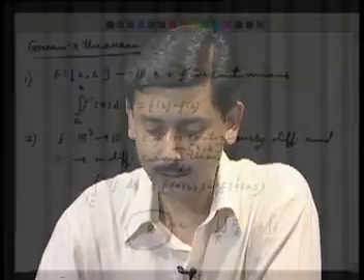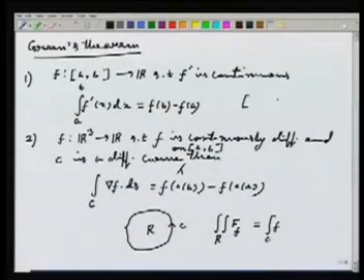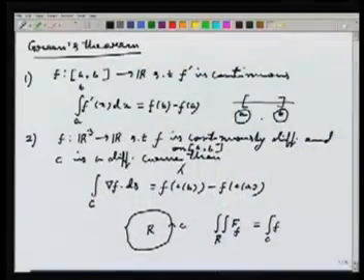In the first one, there was an interval. I looked at the boundary of that interval, which comes out to be 2 points. Here I have the interval [a, b], this is a, this is b. Then the boundary of this interval is these 2 points a and b. Finally, the integral of the derivative of f is given in terms of the value of the function at the boundary points.